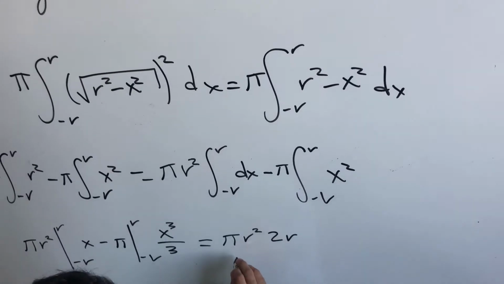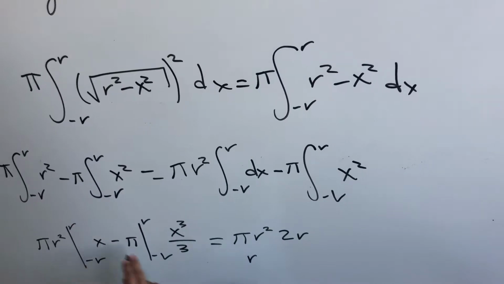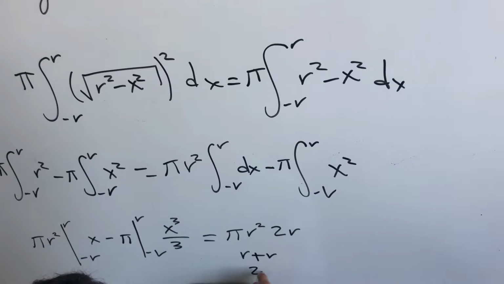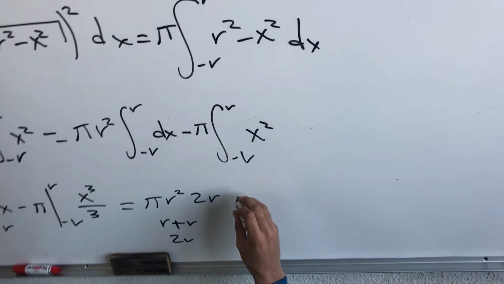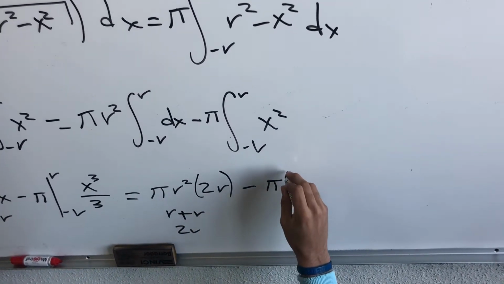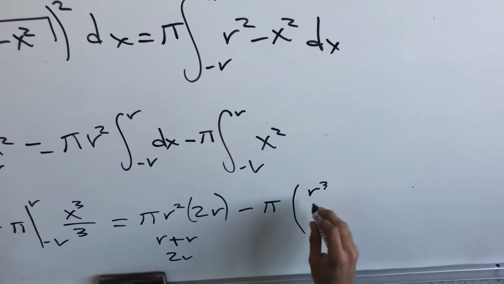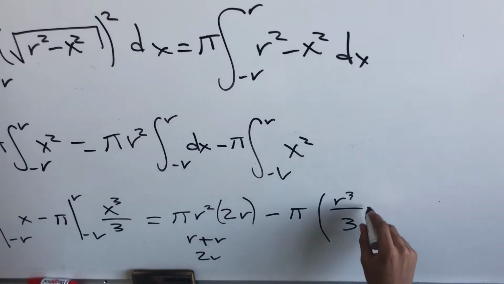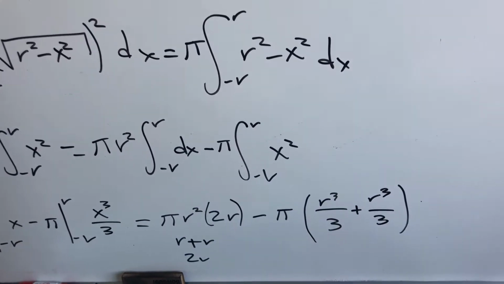Because when we substitute it, we get r minus, and because this is negative and the sign is negative, we get positive, so it's 2r. That's why we get that. And for the other one, it would be pi times r to the third, and because of the sign, we also get r to the third like that.